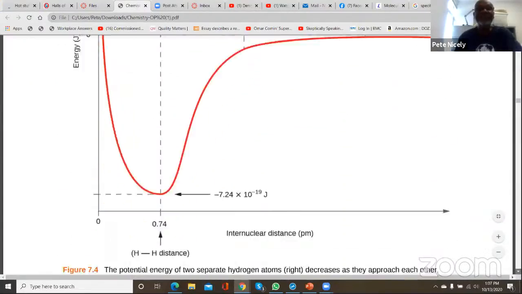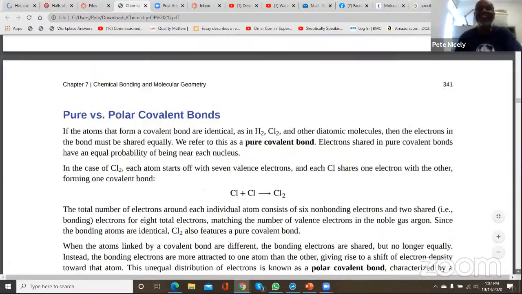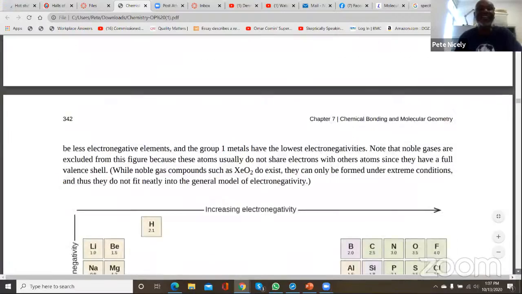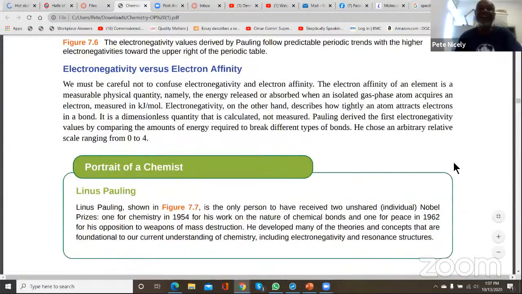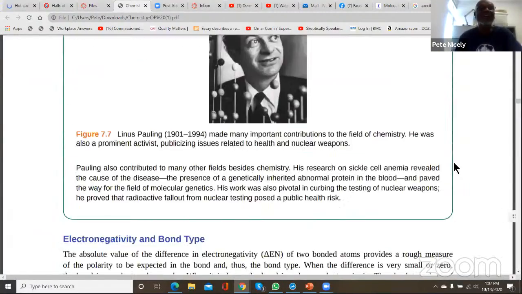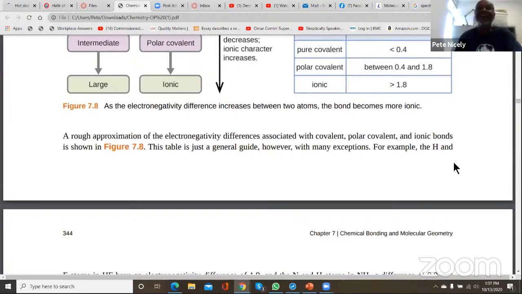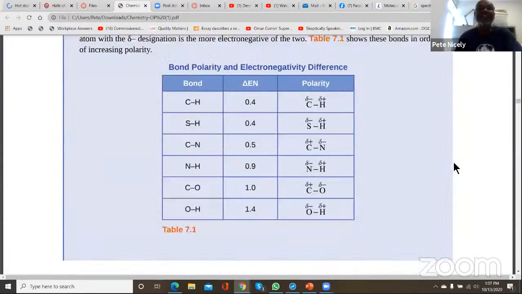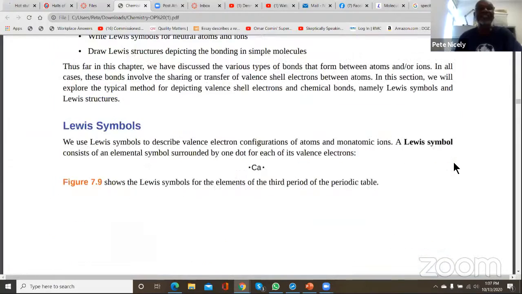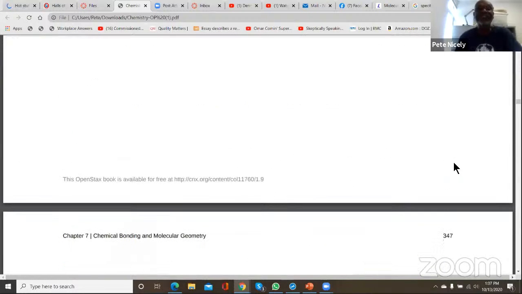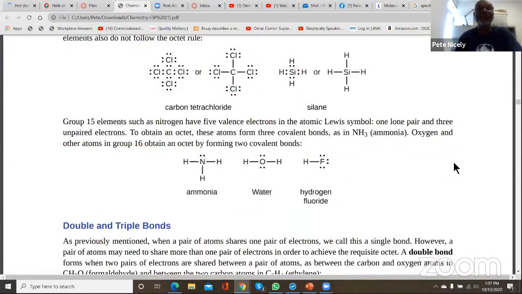Sorry for this, folks. I should have checked this out before I started today's class. Okay, let me see. Lewis symbols. We talked about that already. Born-Haber cycle.